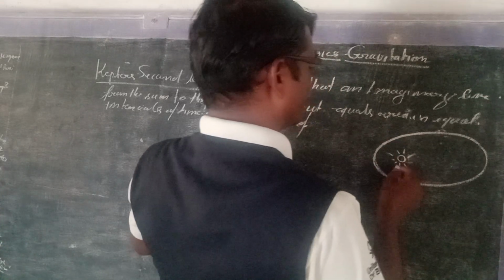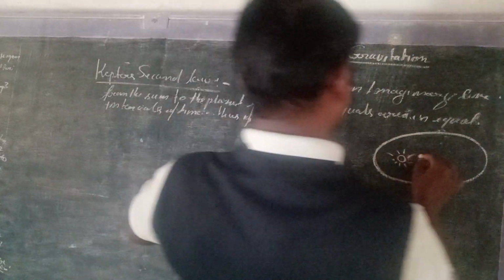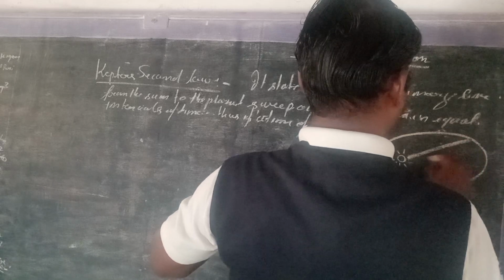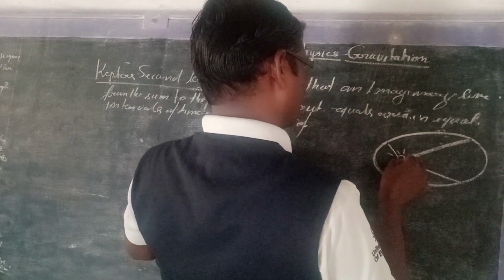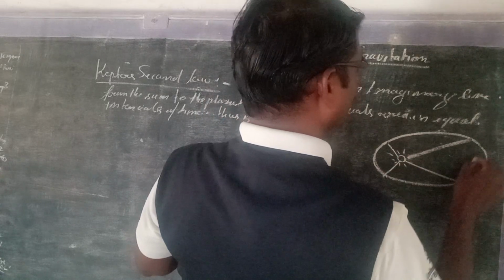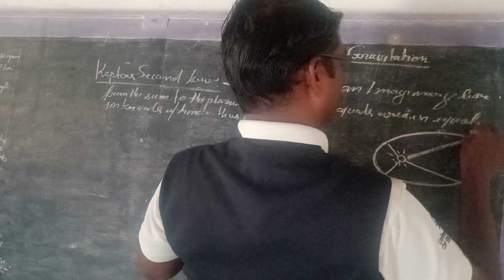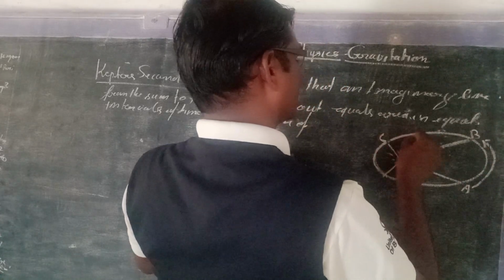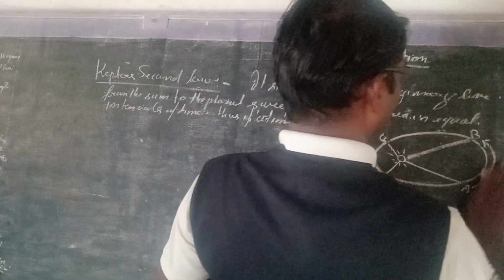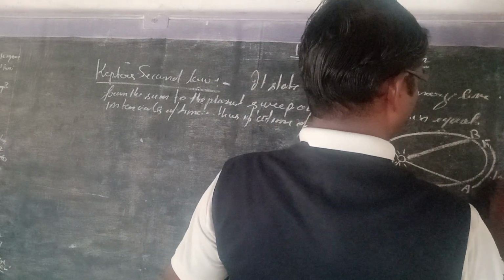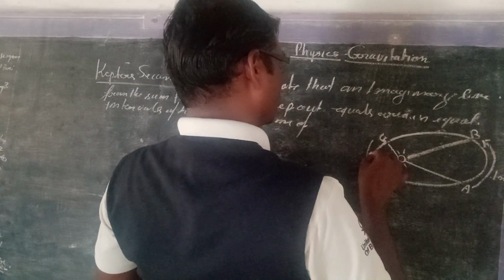Suppose we have drawn lines from A to B, B to C and C to D. Suppose this is 1 month, and here is also 1 month.